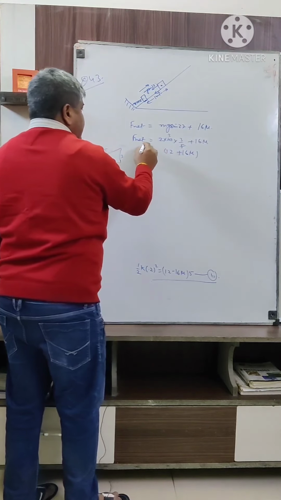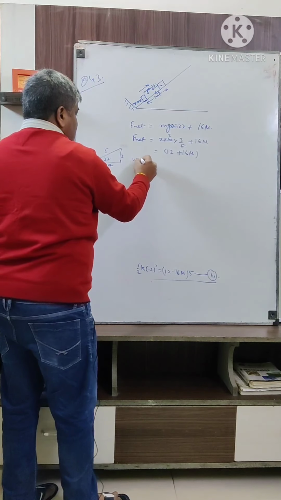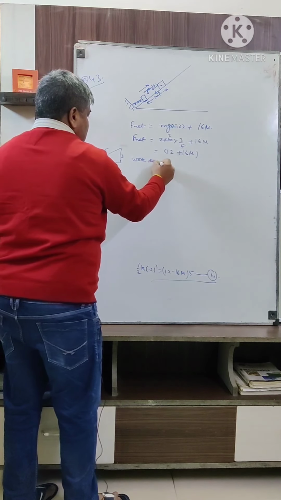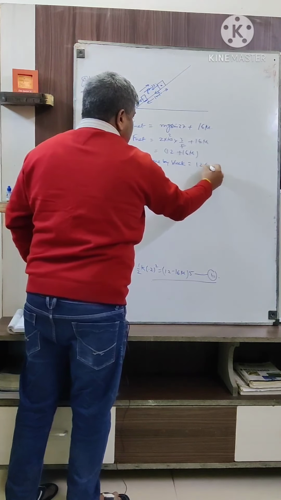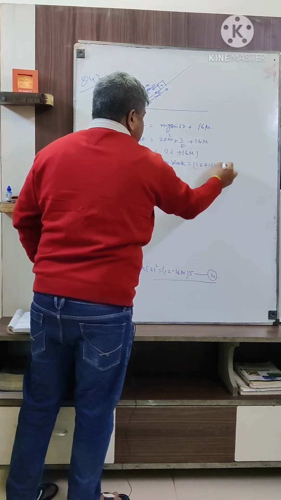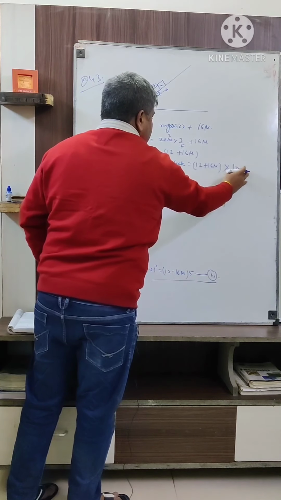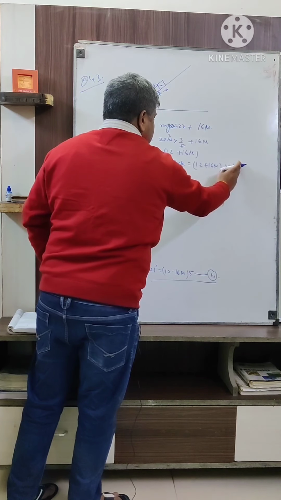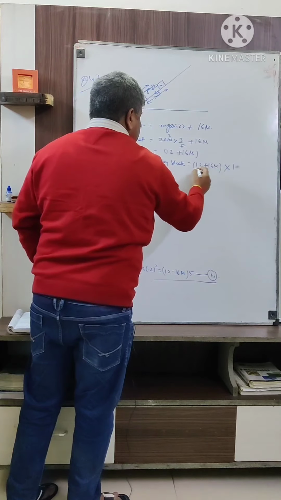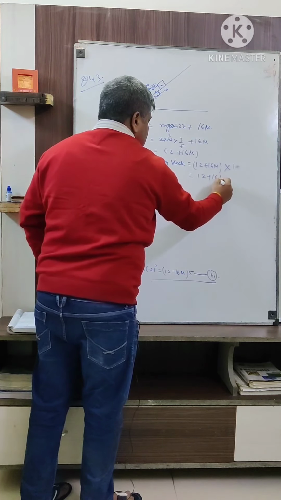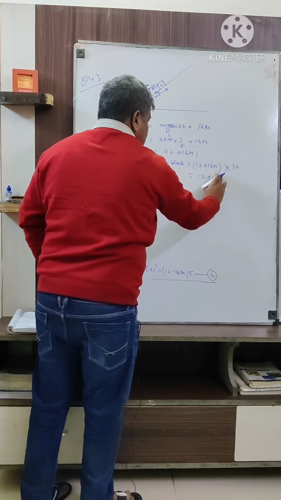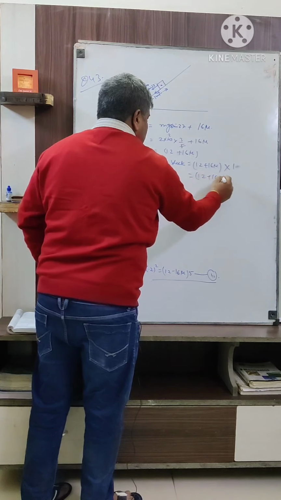This is F net, and the work done is the net force times displacement. Displacement is 1. So this is the net work done by the block, which is 12 plus 16 mu.